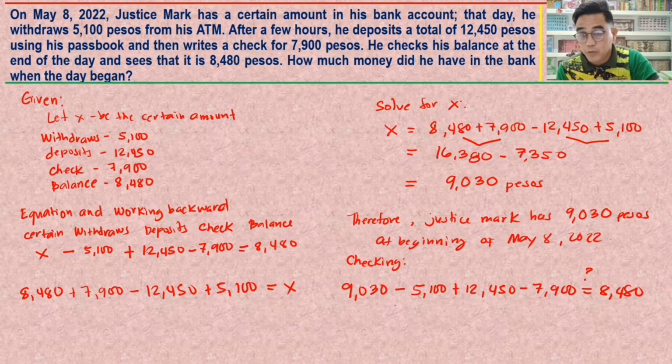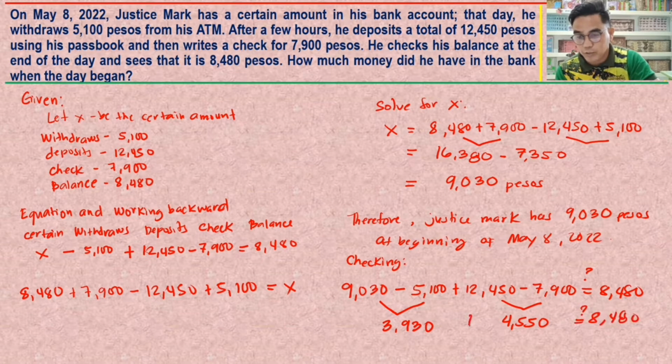Let's do the simultaneous operation here. So 9,030 minus 5,100 equals 3,930. While 12,450 minus 7,900 is 4,550. Okay, so bring down addition.